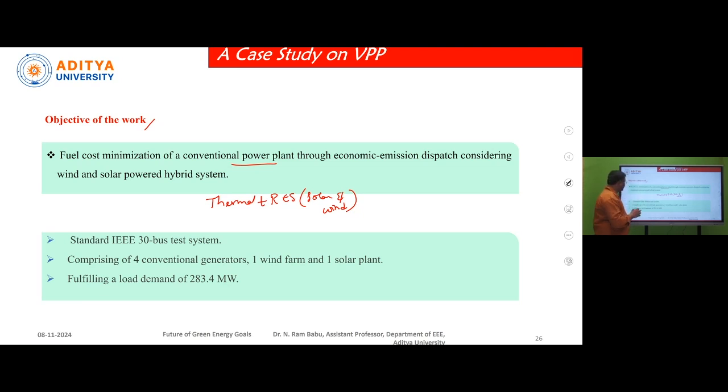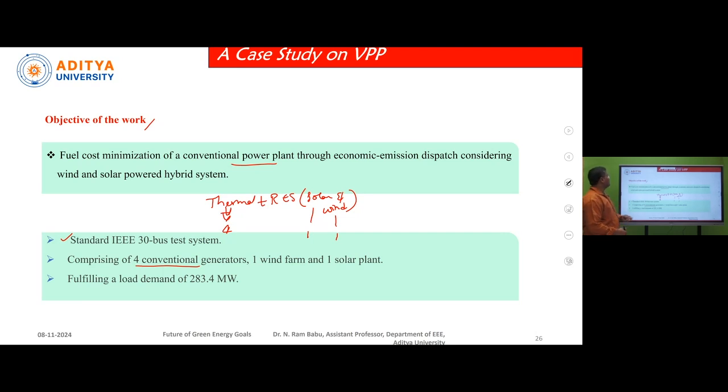So the system is tested with the IEEE 30 bus system, and the system consists of 4 conventional generators. That means 4 thermal generators, 4 in number, a solar plant, 1 in number, and a wind farm, 1 in number. It is done for a load demand of 283.4 megawatts.